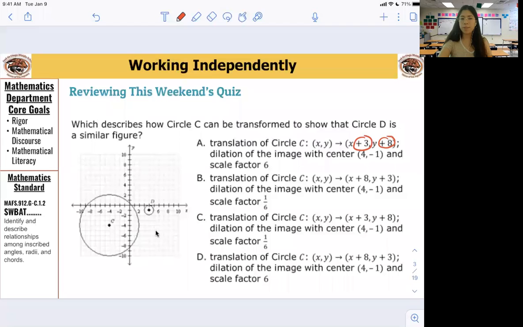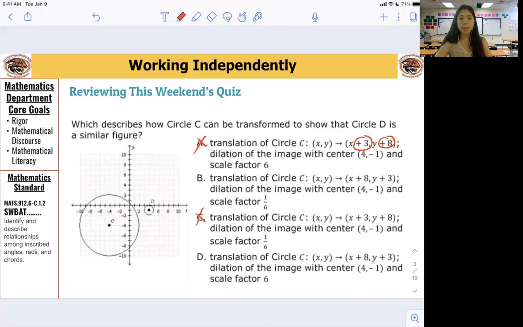Is that what I'm doing? 1, 2, 3, and then 8. It kind of has it wrong, right? Okay, so A and C had it in the wrong order. You're not adding 3 to the x value, you're adding 3 to the y value, and then you're adding 8 to the x value. So A and D had that part wrong.